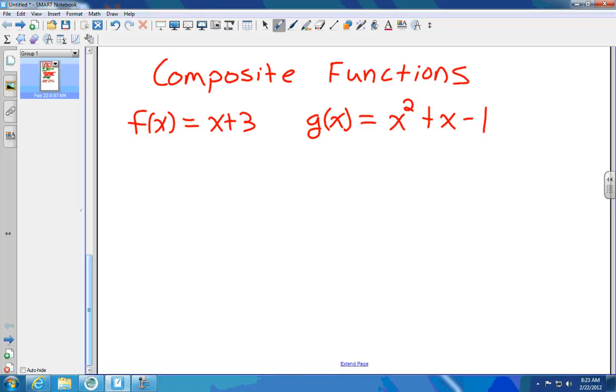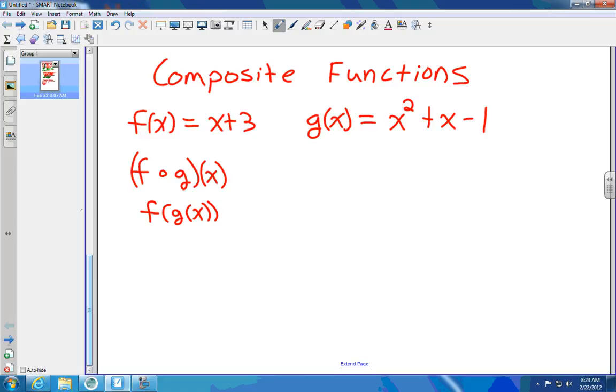But composite functions, the first thing I want you to see, this will have an open circle. It'll look like that. That's not multiplication because the circle is not closed. What I want you to get in the habit of doing is when you see that, I want you to write it like that.